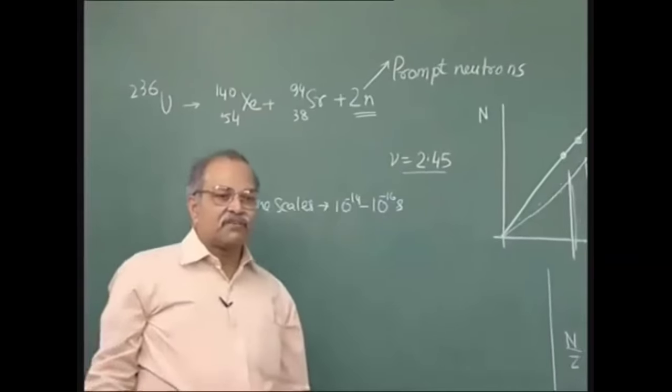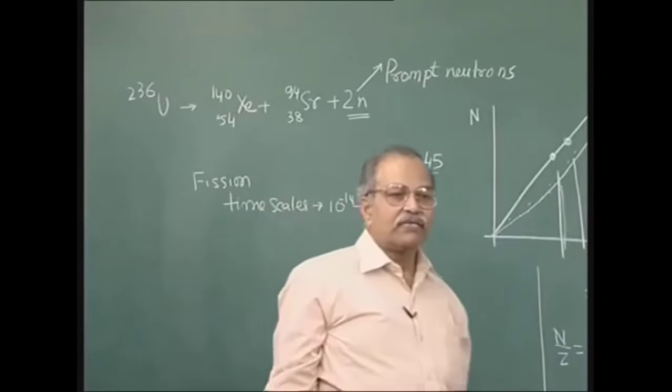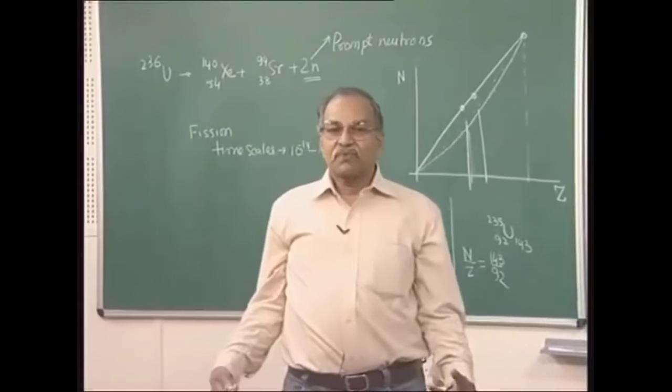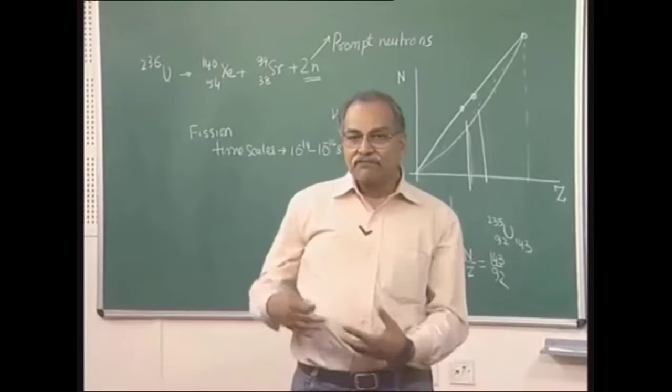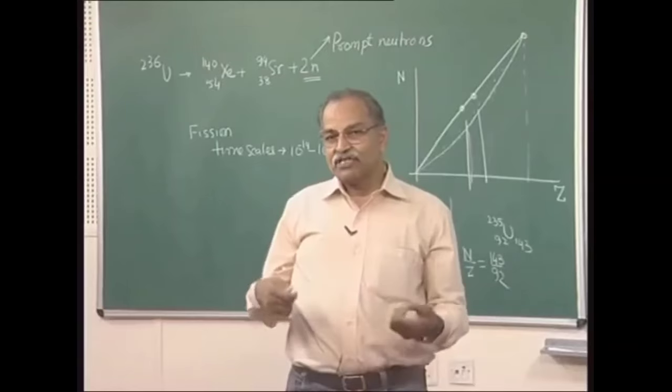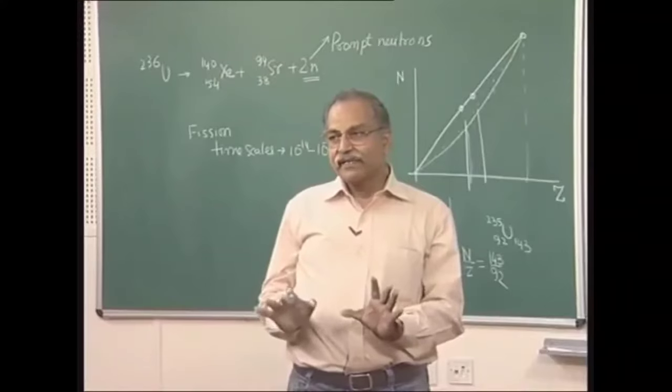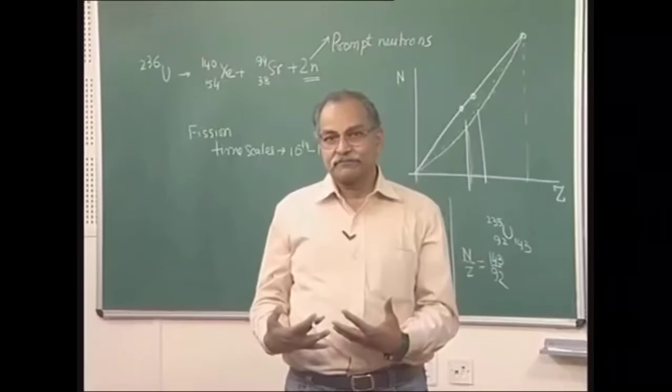Right. So, together with the fragments 2 or 3 neutrons also come out, and they are known as prompt neutrons. But even after emitting those 2 or 3 neutrons, the 2 fragments that are created are still neutron rich.